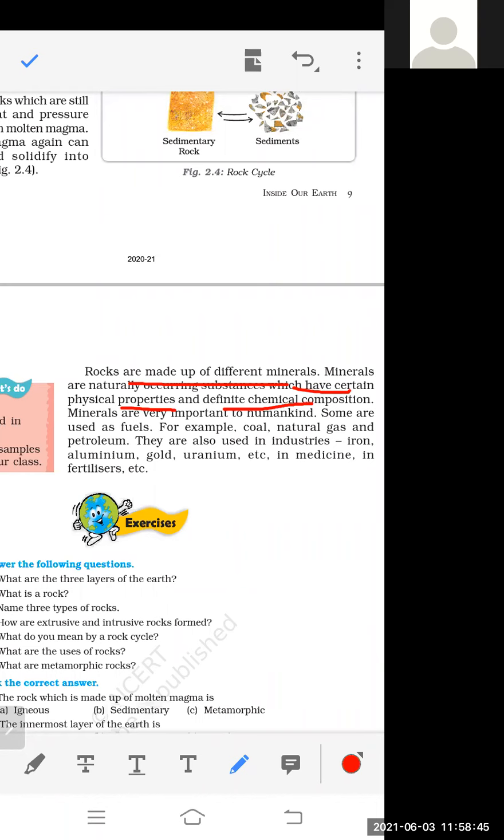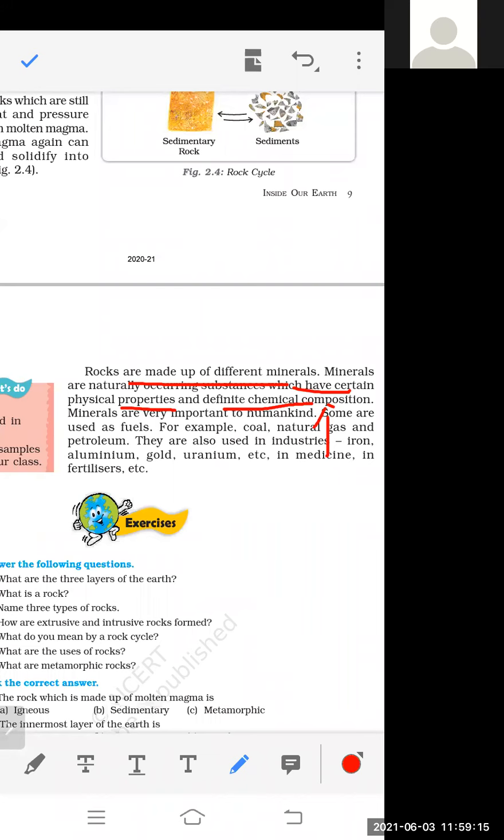Diamond is a mineral, and it is the hardest mineral, which is a physical property of diamond. It looks white in color, so that is a physical property of the mineral, and the arrangement of particles found in the mineral is its chemical composition.